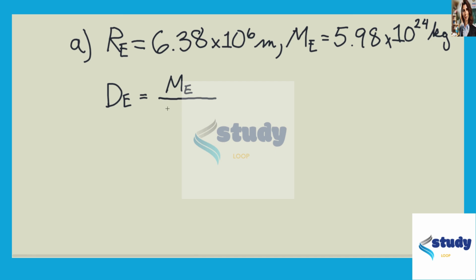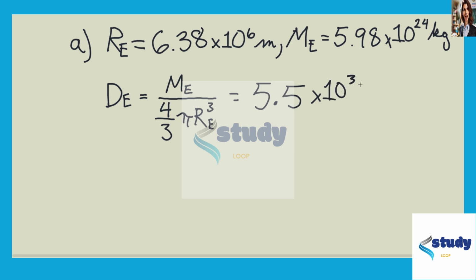And we know that the Earth is almost spherical, so we can use the formula for a sphere in the denominator here. Plugging in those numbers, you'll find that the Earth has a mass density of 5.5 times 10 to the 3rd kilograms per cubic meter.